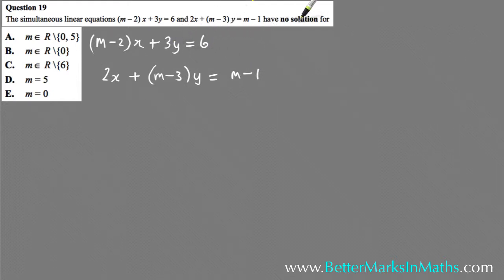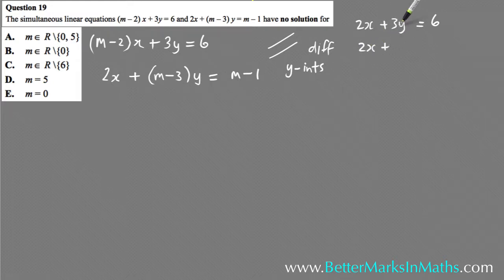And no solutions means you're really looking for two lines that are parallel but some distance apart. In other words, parallel and different y-intercepts. Let's say this was a 2 here, so 2x plus 3y equals 6, and the other one is 2x.